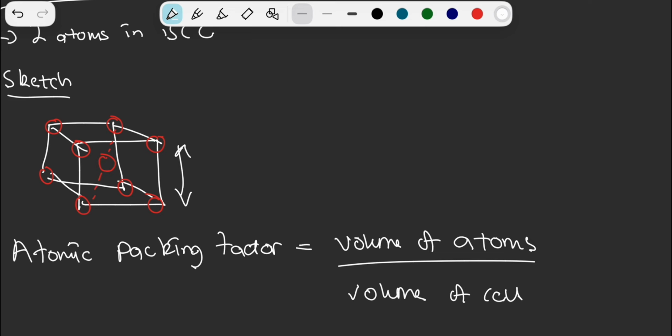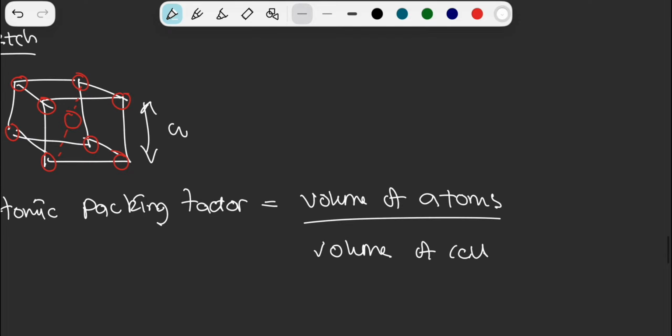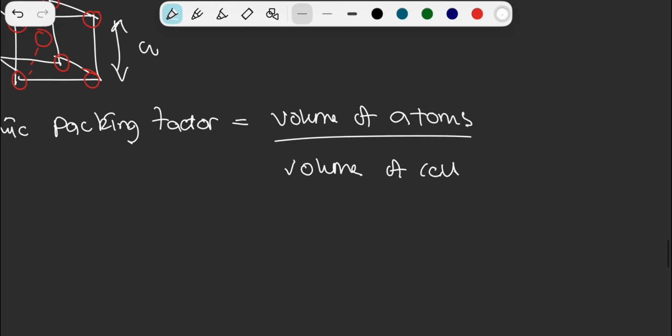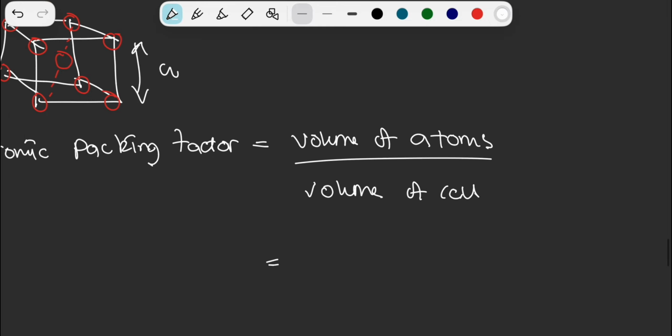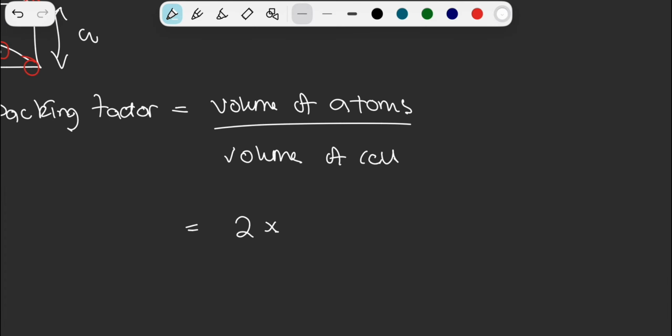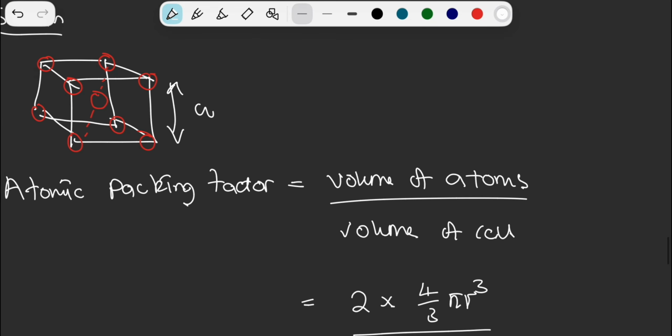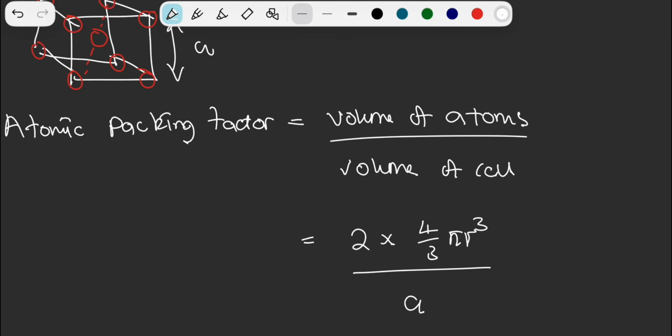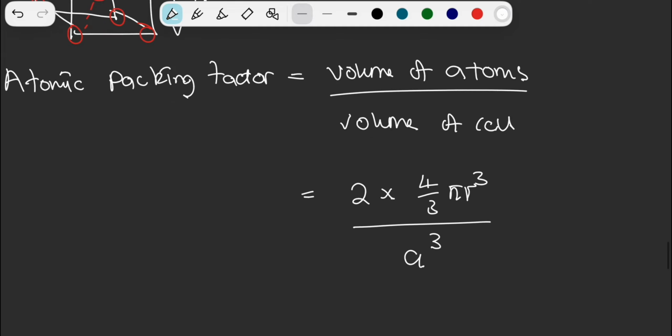It's a parameter that describes this cube, and we're going to call that A. And you can figure out that we have two atoms, like what we said. And 2 times the volume of a sphere, 4 over 3 pi r cubed. The volume of this whole cell is A cubed.